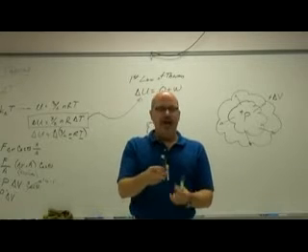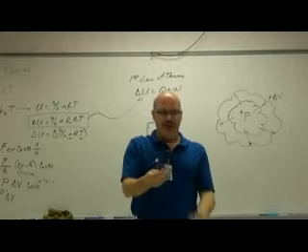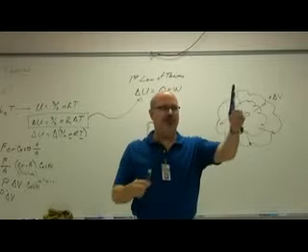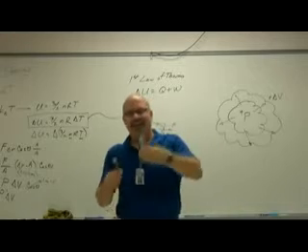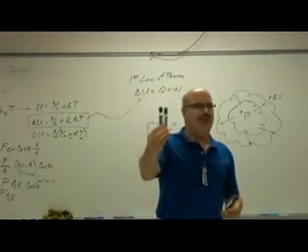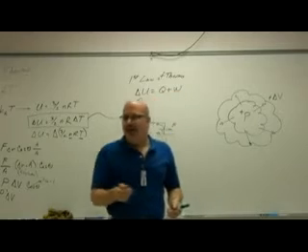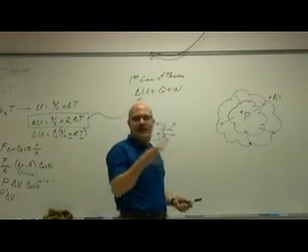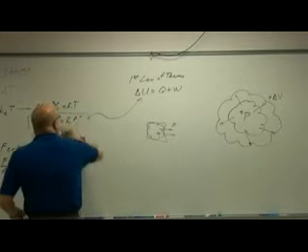Or you could say, if temperature of the black marker equals temperature of the blue marker, and temperature of the blue marker equals temperature of the green marker, then the temperature of these two are the same, right? It's the same statement. It's like if A equals B and B equals C, then A equals C.